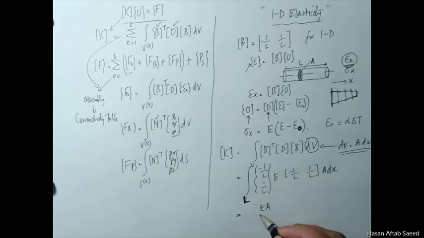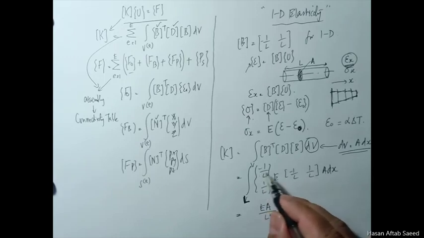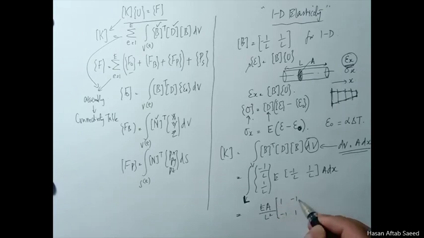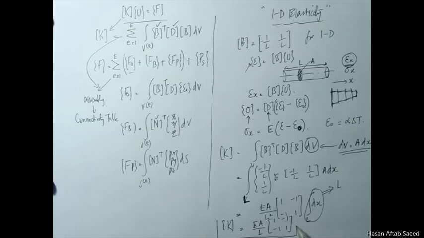If you multiply these, this becomes L square, and if you multiply these two vectors, you'll get 1, minus 1, minus 1, 1, and all that remains inside the integral is this, which is equal to length. If you simplify it, then this is your K matrix for the 1D problem.